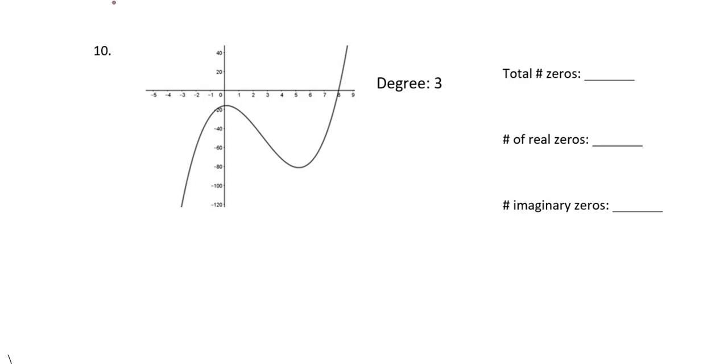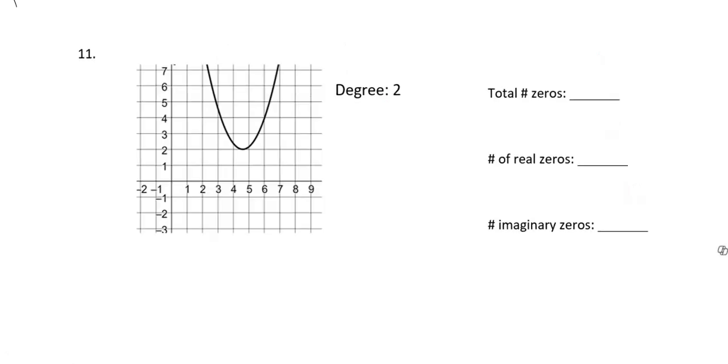This polynomial has degree 3, so there's 3 zeros. I have 1 x-intercept, so 1 real zero, 3 minus 1 is 2, so I have 2 imaginary zeros. Now, this is the graph of a parabola. So our rules for higher order polynomials still relate to parabolas as well.